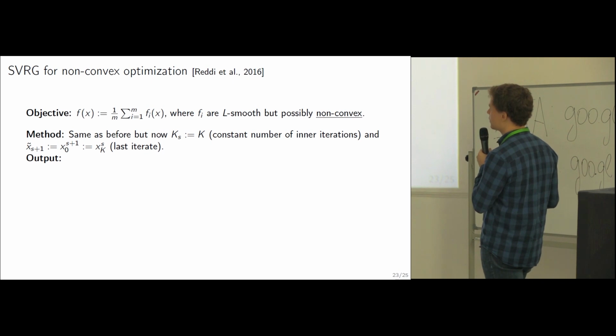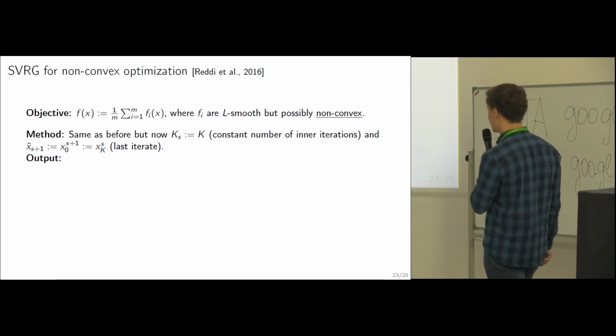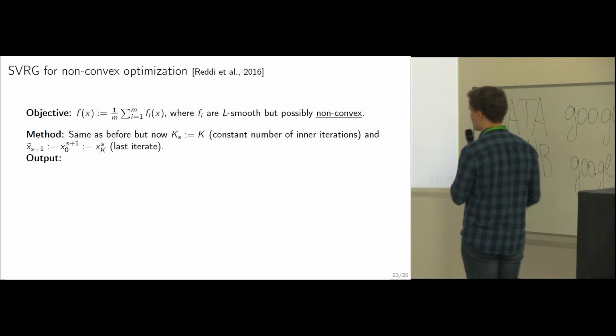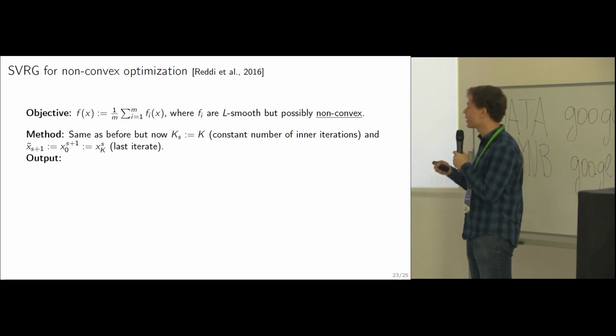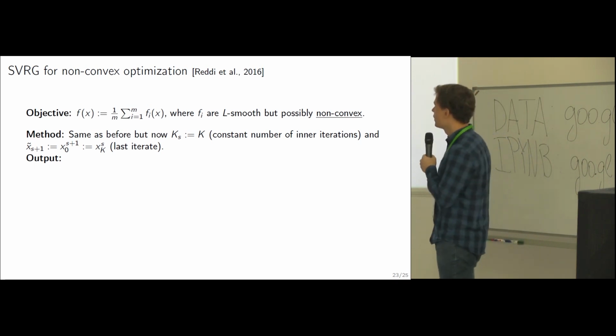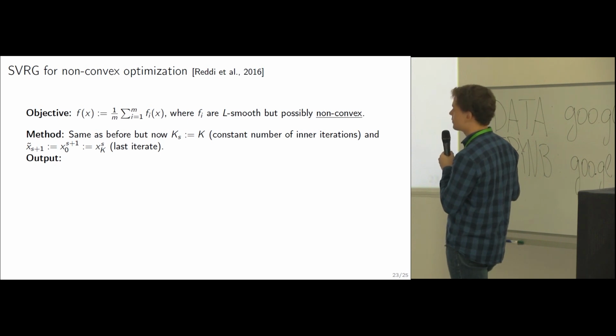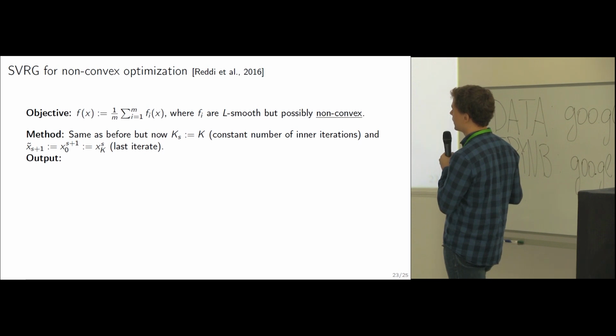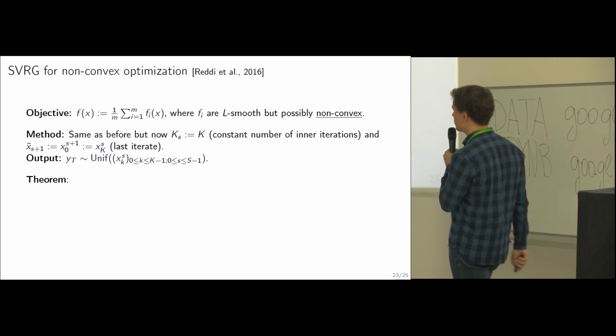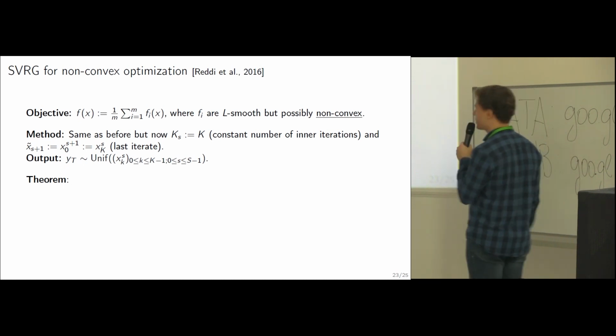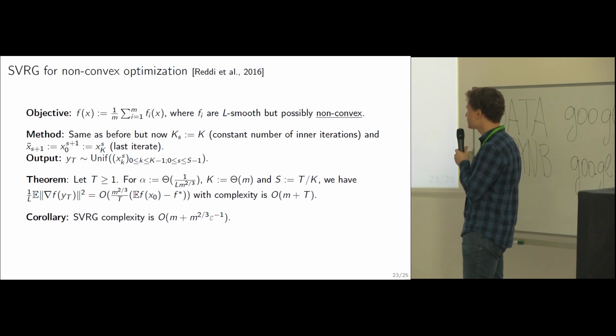And coming back to the question of what we should return, the average or the last iterate and so on: for this method SVRG for non-convex optimization, it makes sense to return always just the last iteration as the reference point. However, the output should again be chosen uniformly from the whole trajectory as in the usual SGD method.